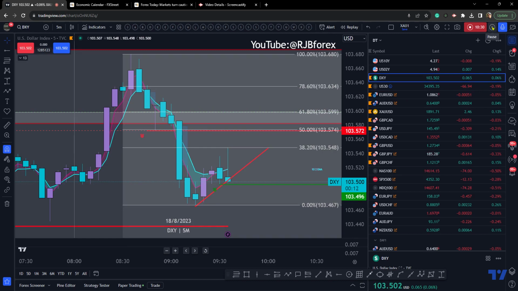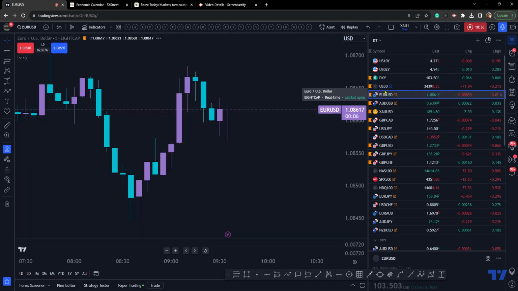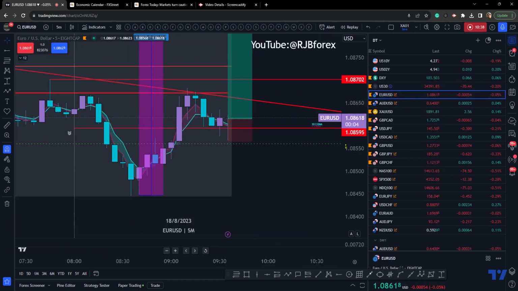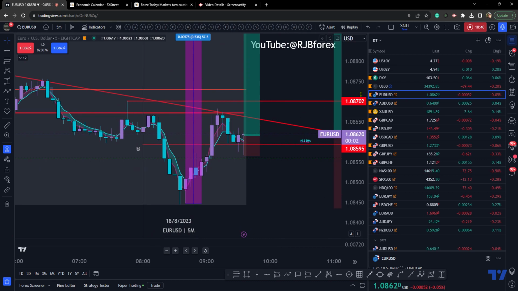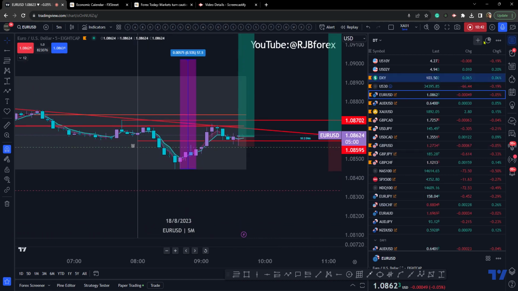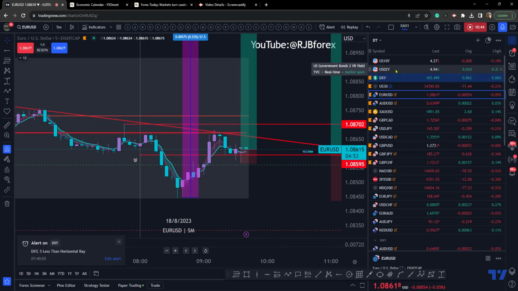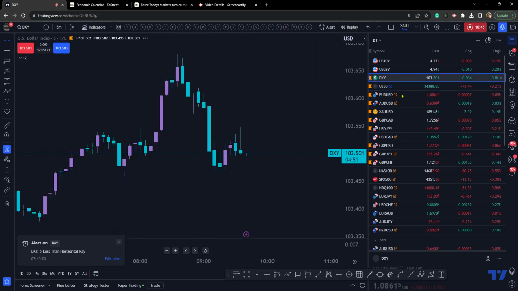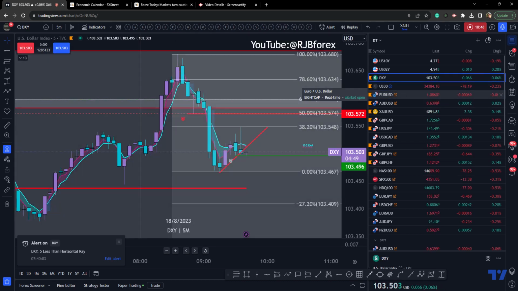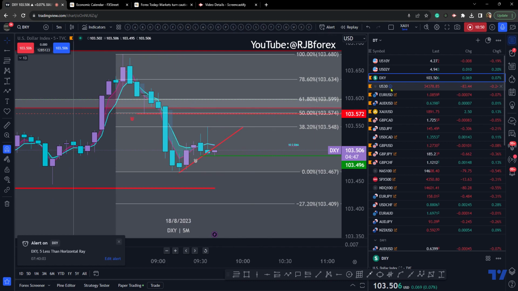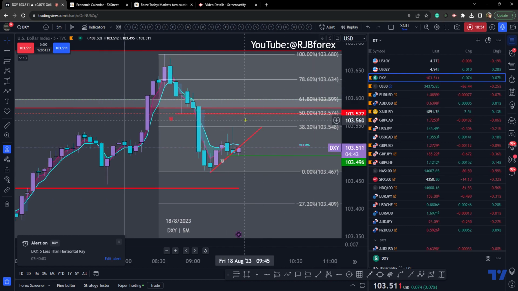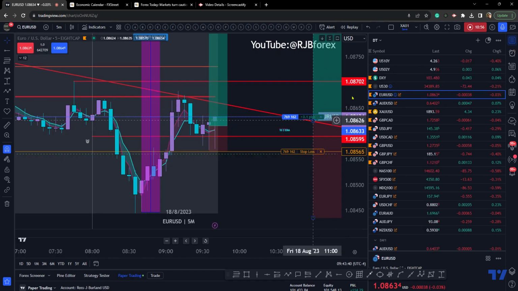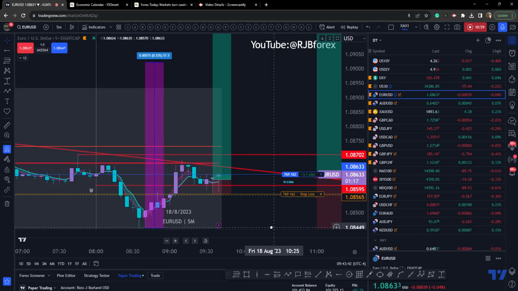Right then, this looks to be promising. So that's that done. Testing at least. Let's just keep an eye on this. Right, we've gone long of the euro as well.